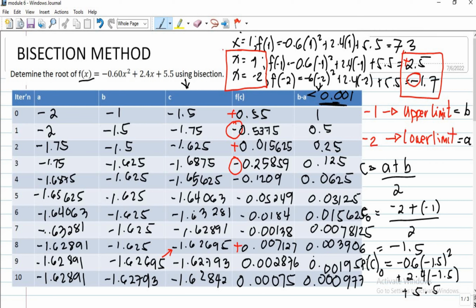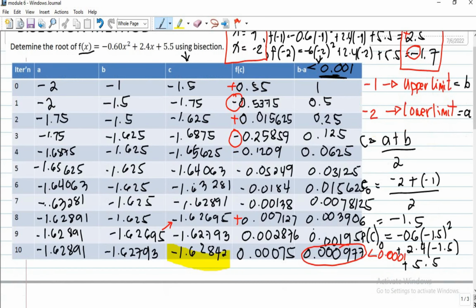So, kung mapapansin ninyo, itong 0.000977, this is less than 0.001. So with that, I can now say that the root for this function, negative 0.6x squared plus 2.4x plus 5.5, is negative 1.6284.